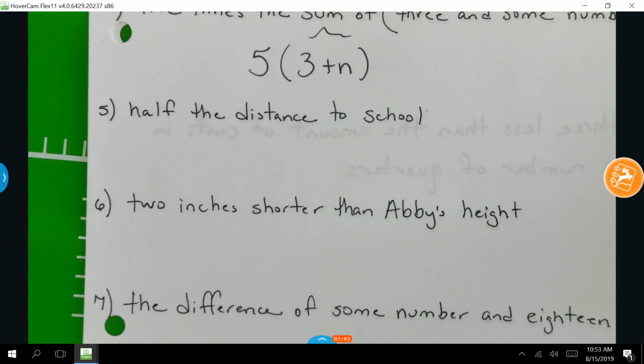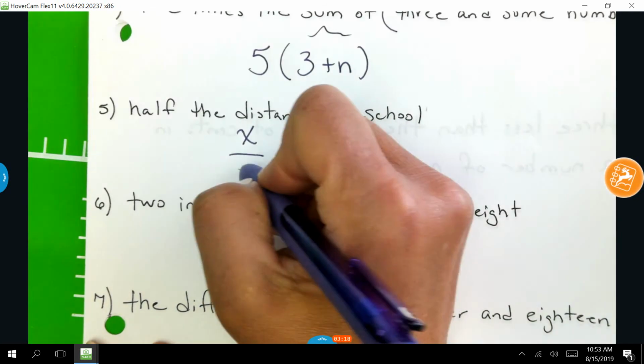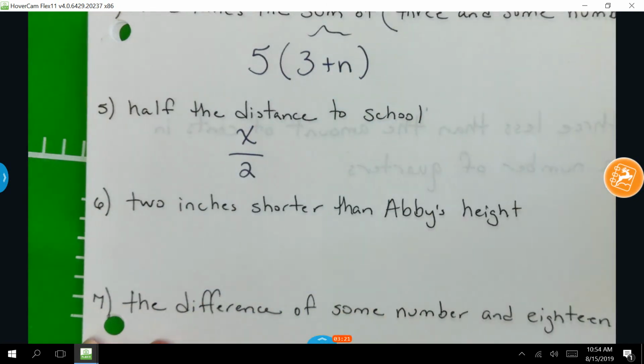Then what would half of that be? 5. What if you're 20 miles from school? How are you figuring this out? Dividing by 2. So again, make up a few numbers, see what your answer would be. Think about how you're doing it. You're just taking a number and dividing it by 2.